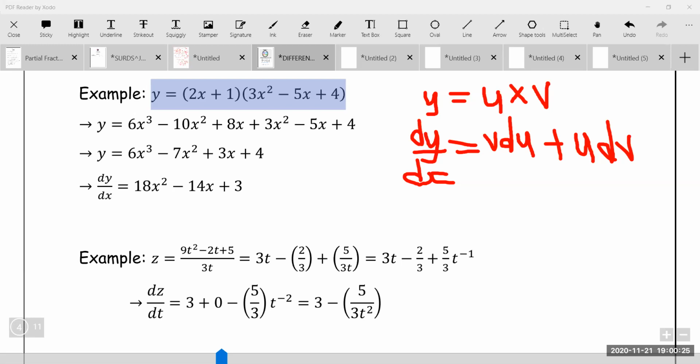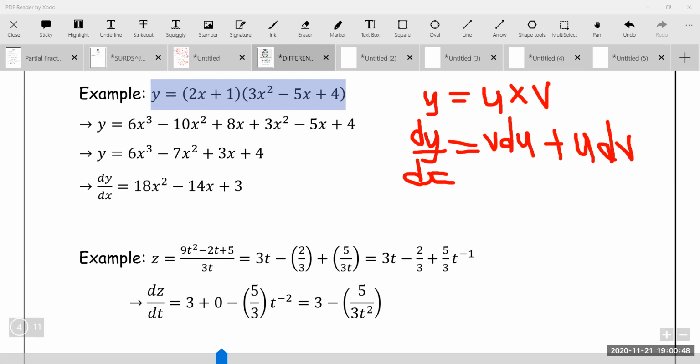So we're going to call u 2x plus 1, and we're going to call v 3x squared minus 5x plus 4. Good, that's what we're going to call v.